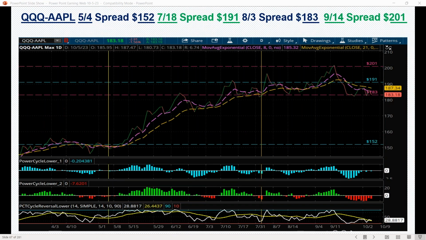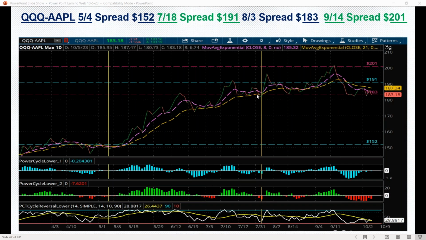That was on the 4th, and then here was the 3rd, the next earnings. You can see the spread started at 183, and then QQQ started outperforming. It got up to a little over 195, and then ended up going to 201.